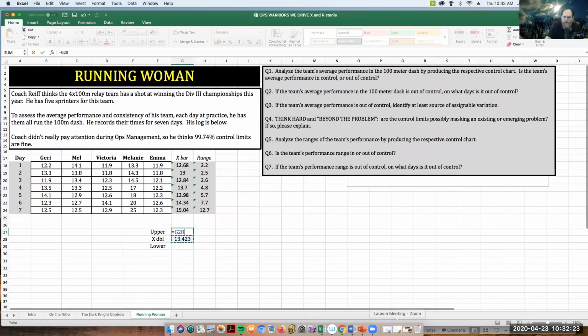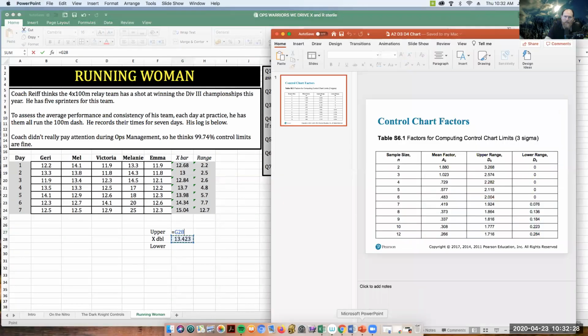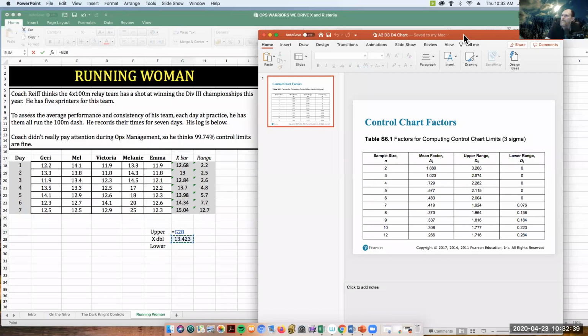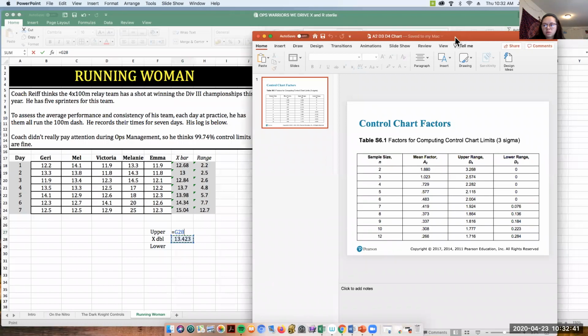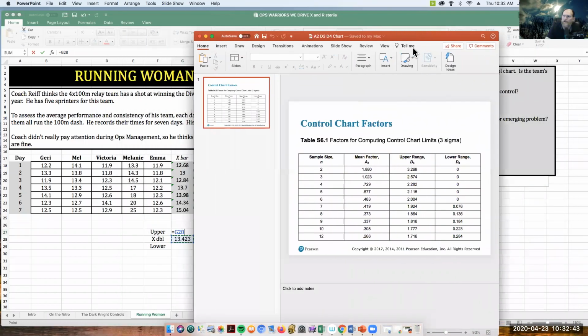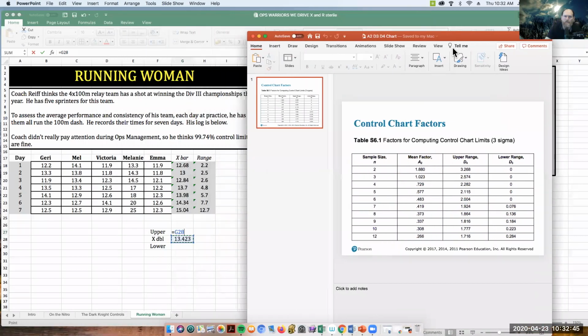Okay. So how do I pick my A2? You have to go to the chart to find that. Okay. I don't have the chart pulled up right now. Okay, so I have the chart on the screen. Gary, how do I pick my A2?